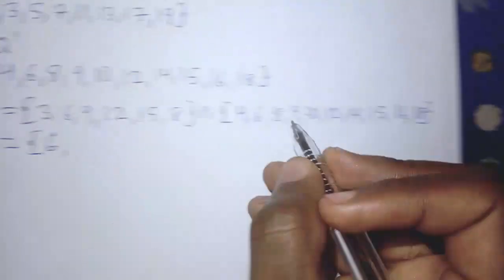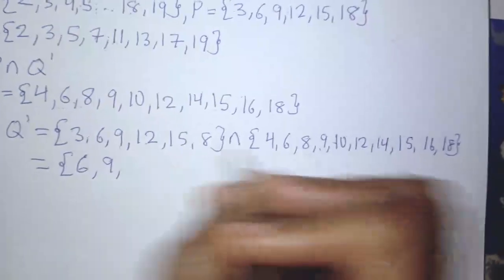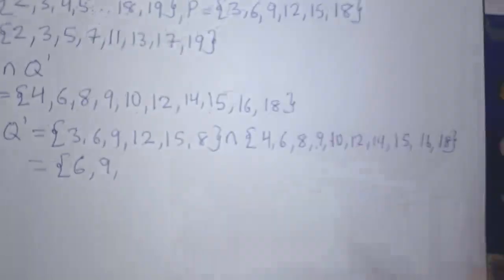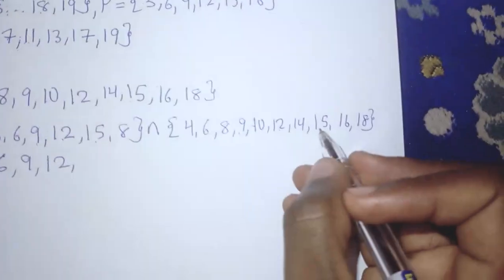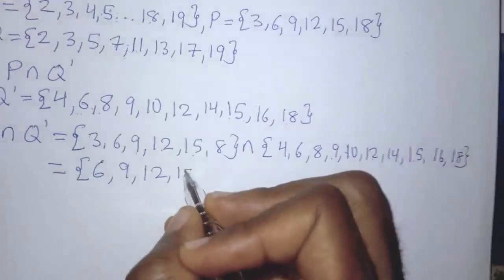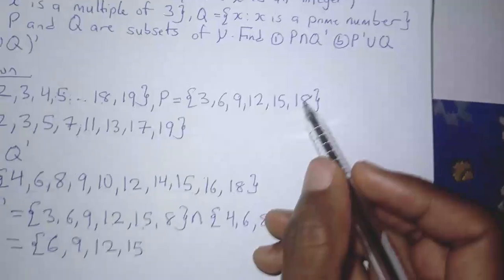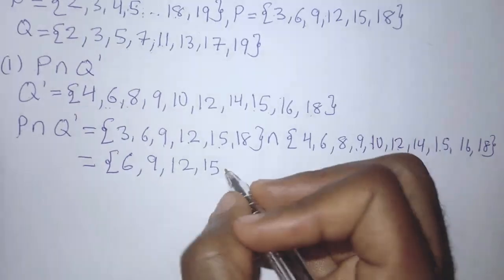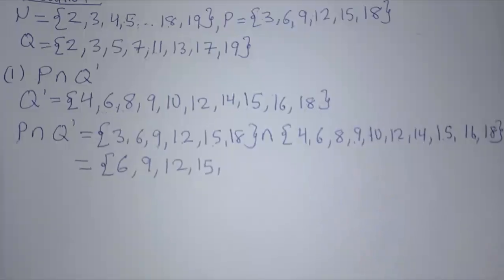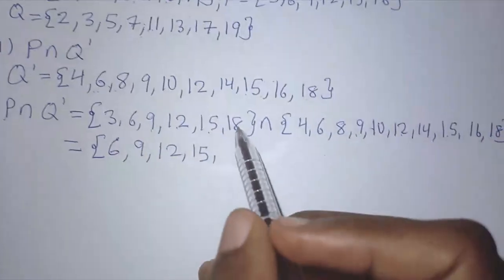9 is here. Is it here? Yes. So include 9. 12 is here. Is it here? Yes. Include 12. 15 is here. Is it here? The answer is yes. Include 15. This is meant to be 18. Sorry, P has 18. So 18 is also common to the two of them.